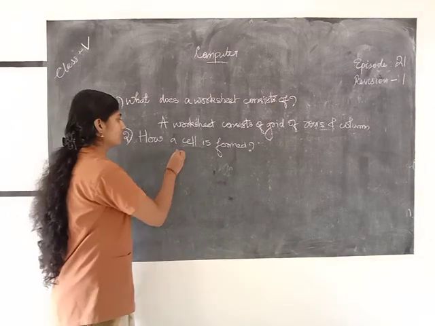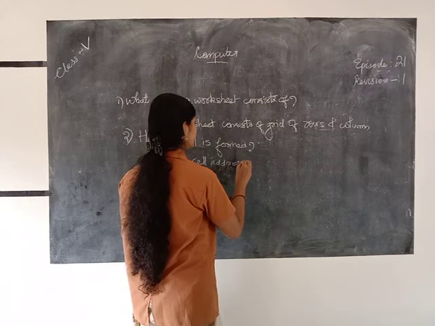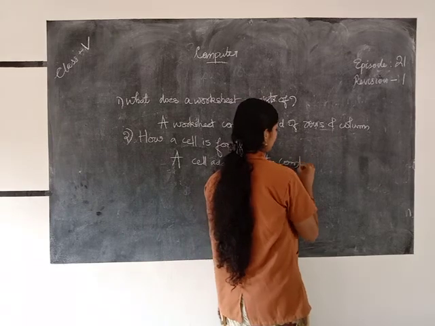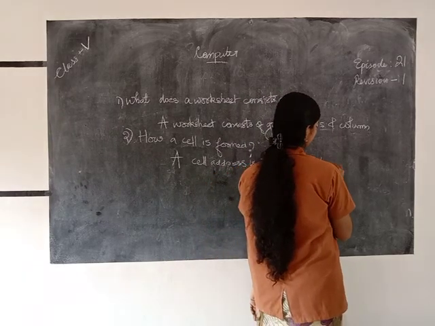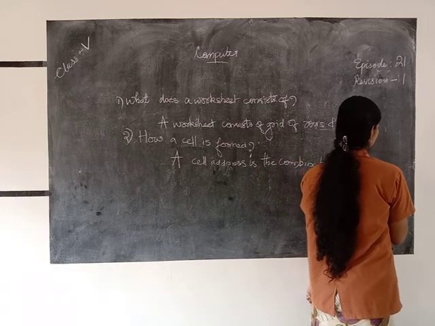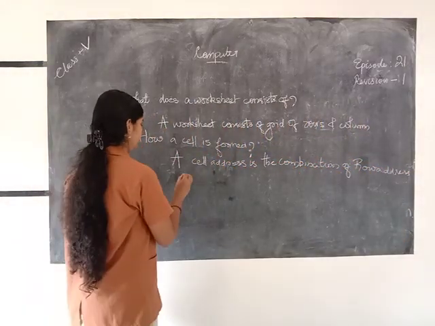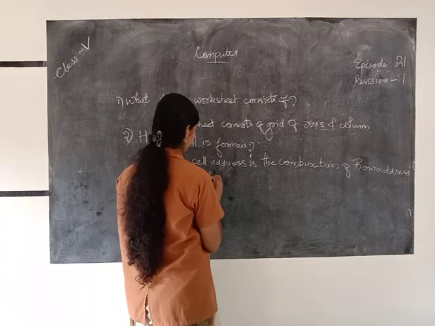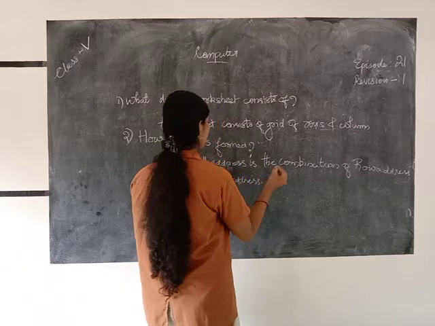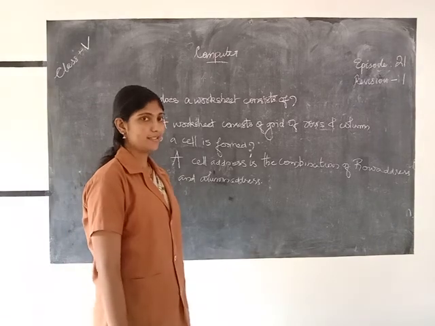A cell is formed by the combination of row address and column address.